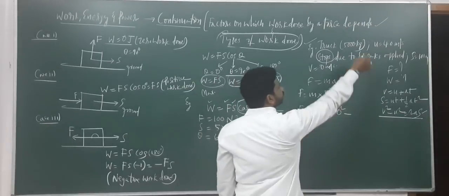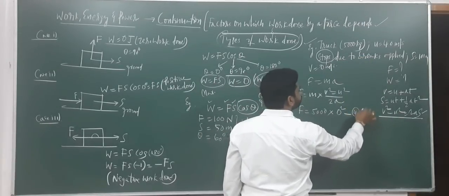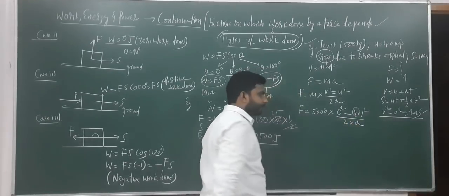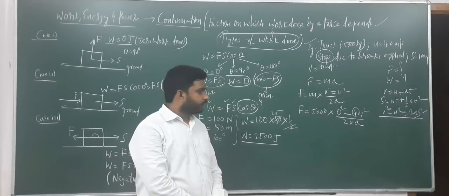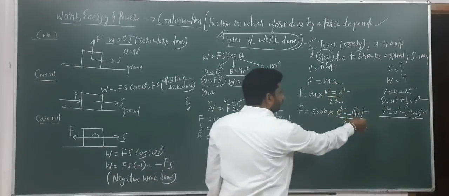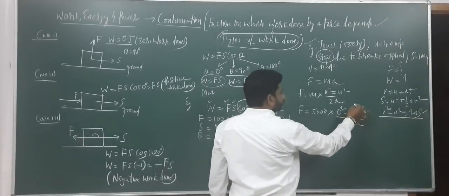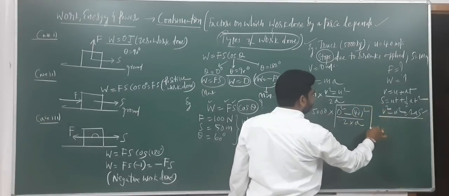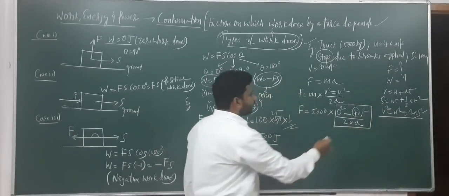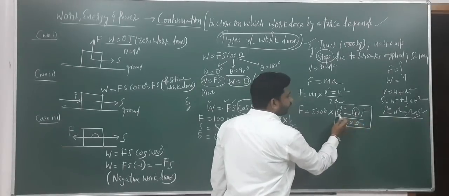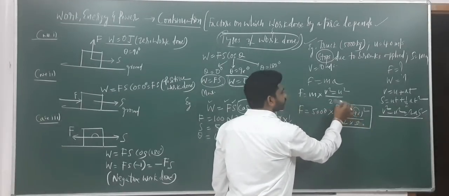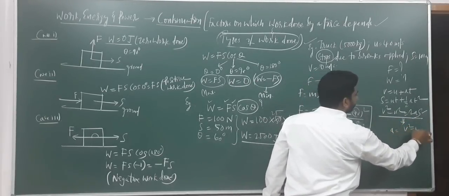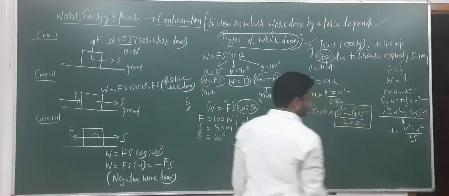What is u square? u square is 40 whole square, divided by 2 into s. Sorry, a is equal to v square minus u square by 2s.